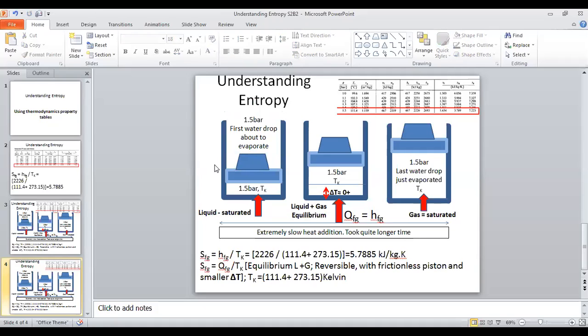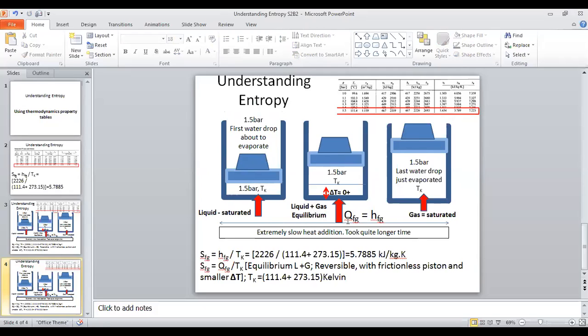Interesting. The initial state, the final state, and a general stage in between are shown here with these three. This is the start of the heat input at the saturated liquid condition. This is the final heat input. In between, heat input is applied continuously.